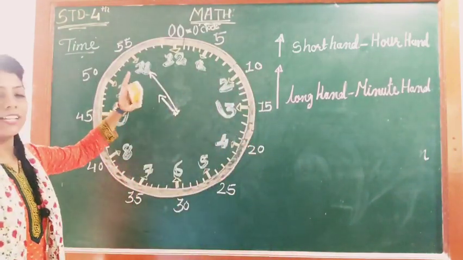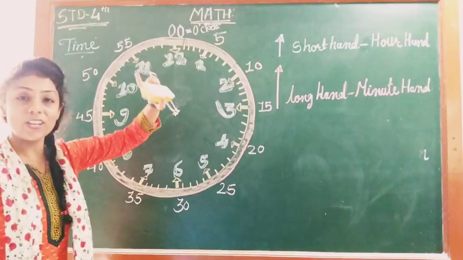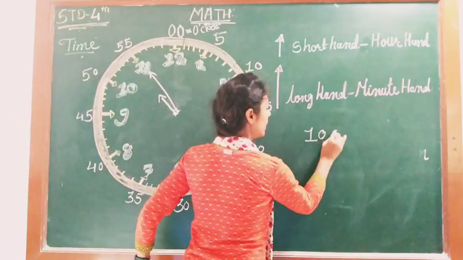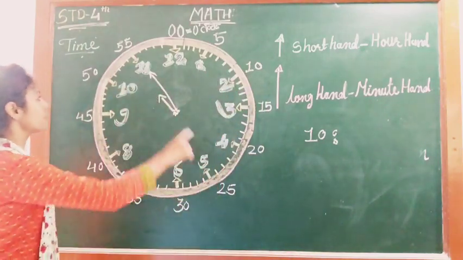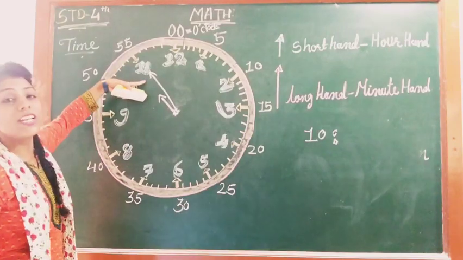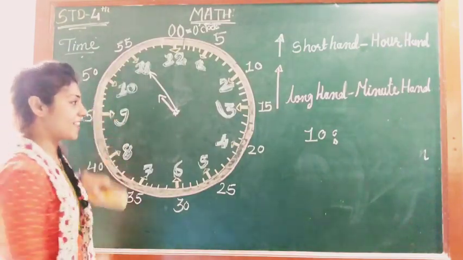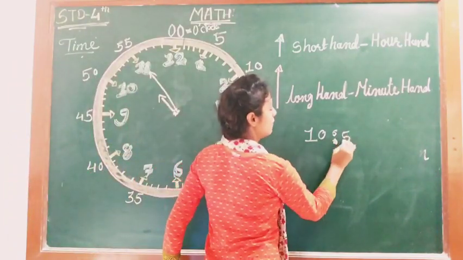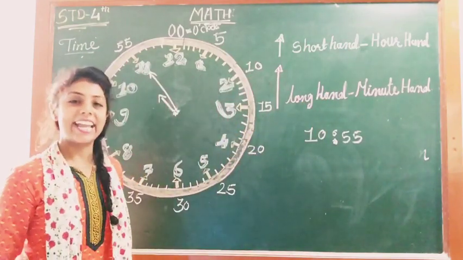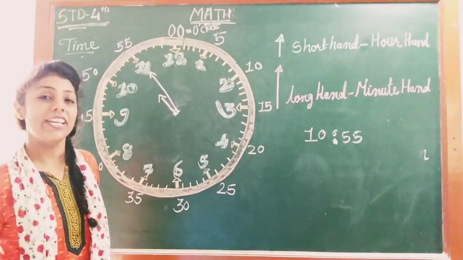It is between 10 and 11. The complete 60 minutes have not passed. So we can say it is 10 only. And how many minutes? The minute hand is at 11. So 11 5s are 55. So 10, 55. 10 o'clock and 55 minutes. 10, 55. 10 hours, 55 minutes.